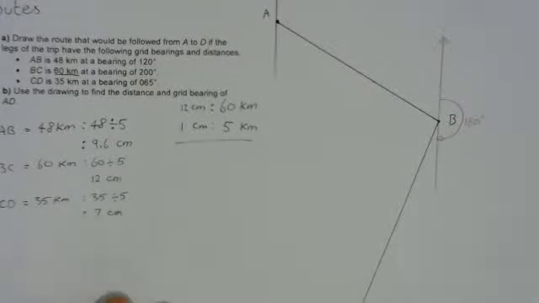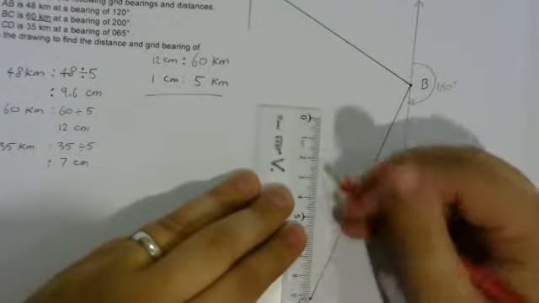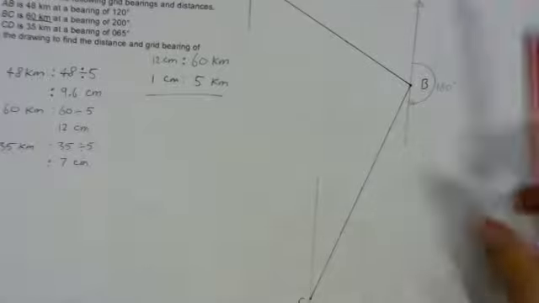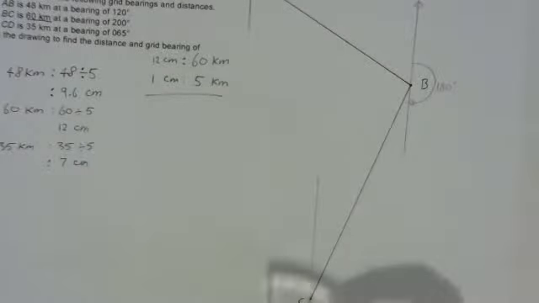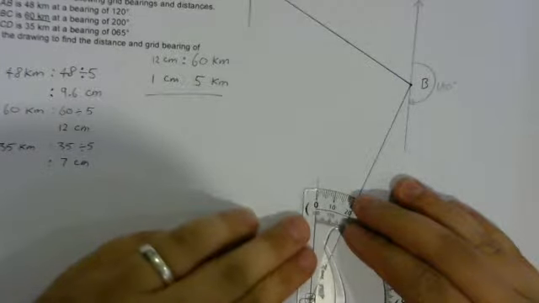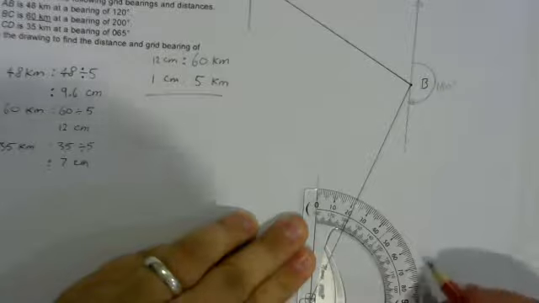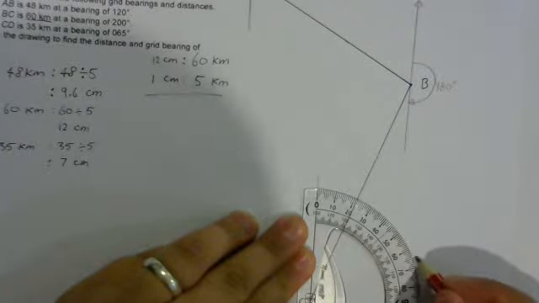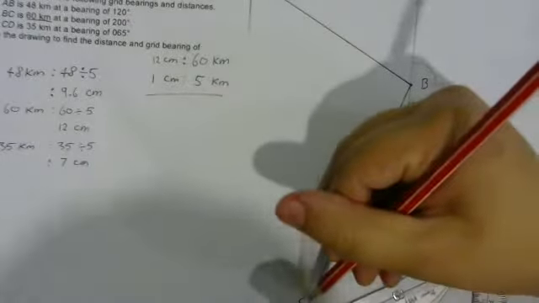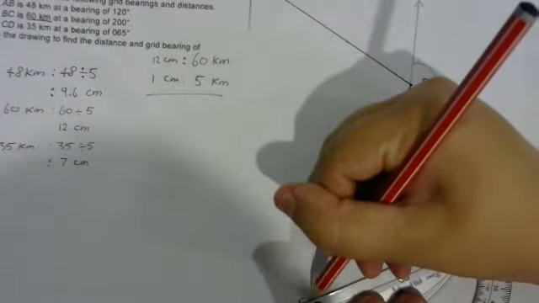Okay. Lastly, we have 35 kilometers at a bearing of 65 degrees. Bearing means we need to draw in north, and then 65 degrees I'm going to measure from the north line. So from north going around to 65 degrees. It's over here. Draw my line.